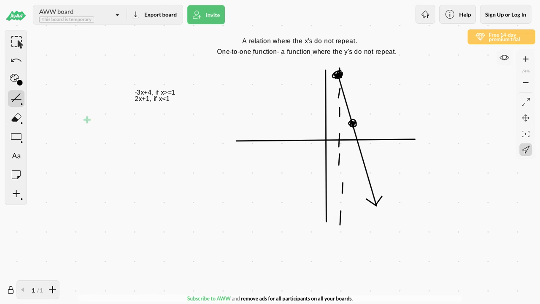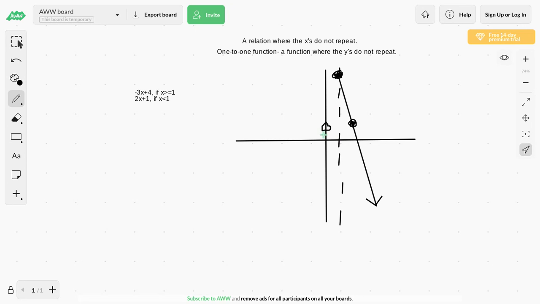So let's go to your second line with, okay, so 2x plus 1 if x is smaller than 1, so it's going to be to the left with an open circle. So 2x plus 1. So that's right here. Oh, that's not an open circle. That's right there. But that's not on the line.